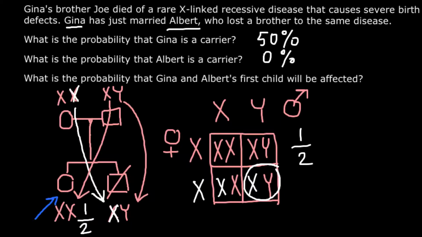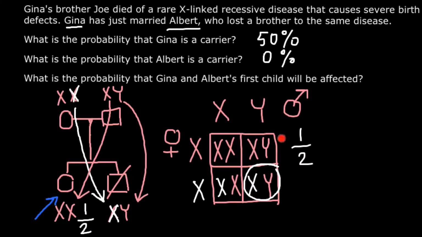And the second question that we have to ask ourselves: what is the probability that they would have their first child to be a boy? Because as we know, females don't express this genetic disorder. Females are not affected, and the question is: what is the probability that Gina and Albert's first child will be affected?